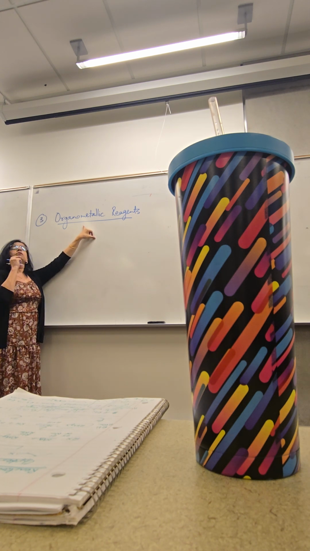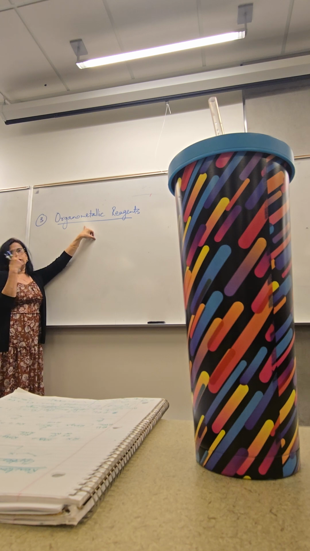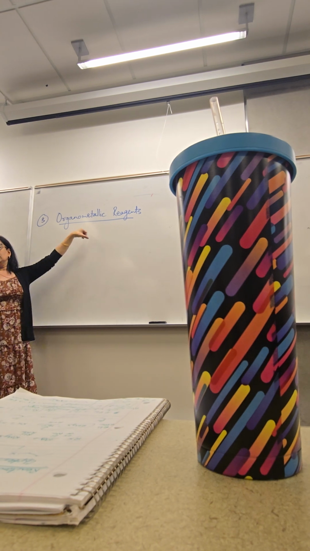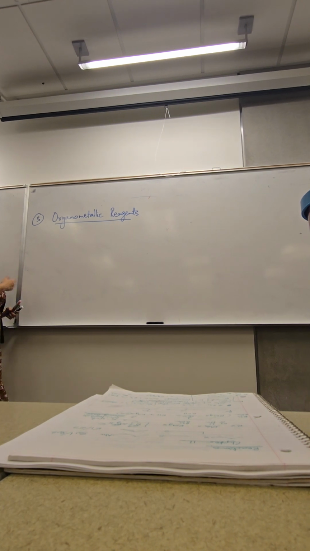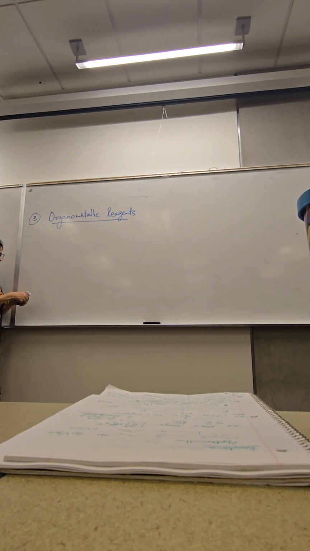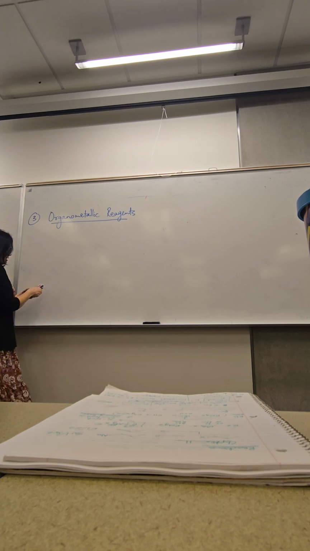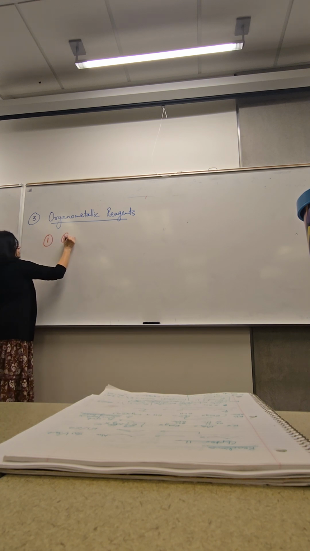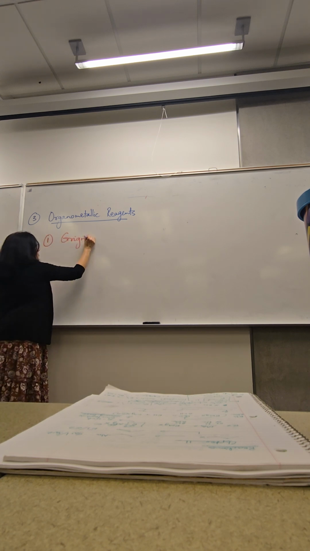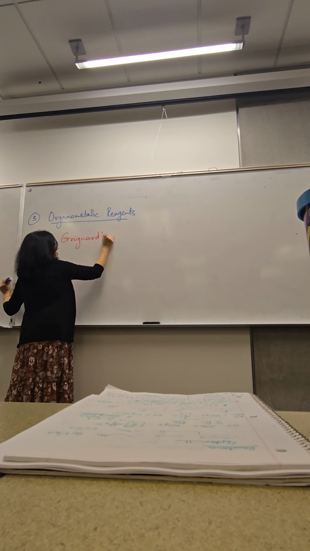But we are only going to look at two in this entire course. The two organometallic reagents that the book is introducing us to. One of them, in fact, you will use in lab and also make in lab if everything goes right. So one of them is called Grignard reagent.